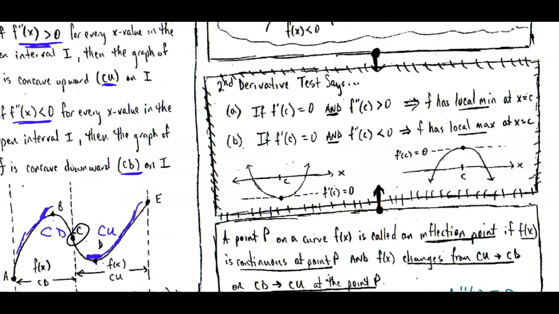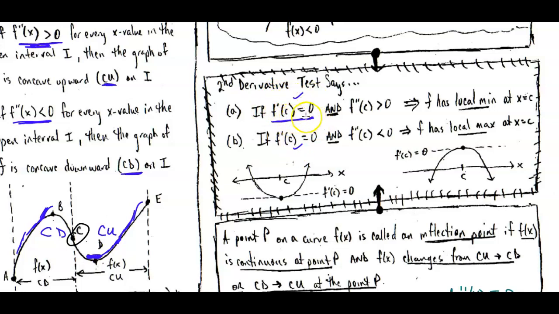And so the second derivative test simply says this: if we have a solution to the first derivative of our function equaling 0, so remember this just means we have a horizontal tangent line, okay?